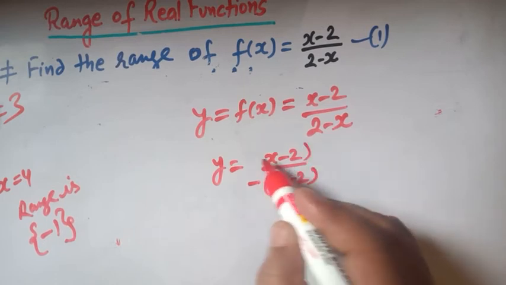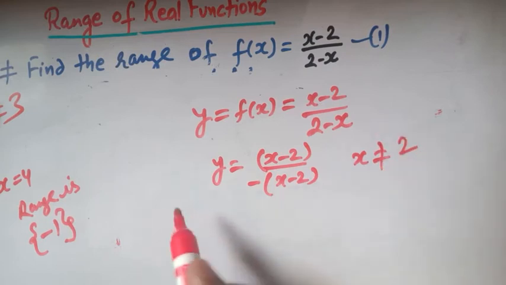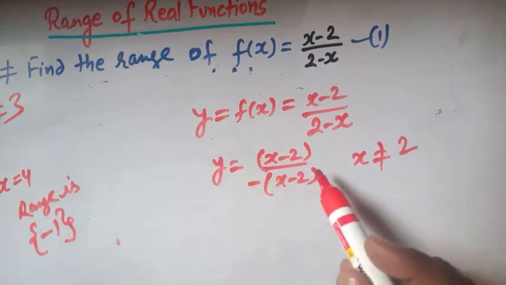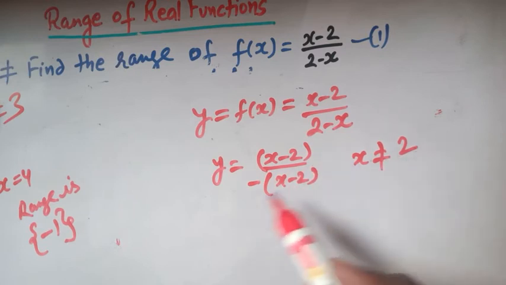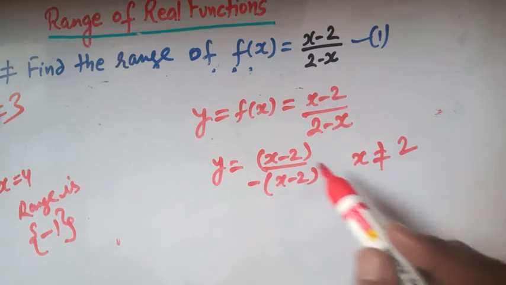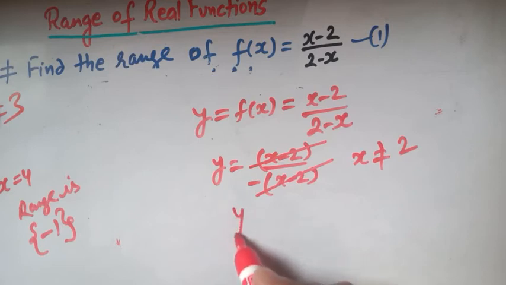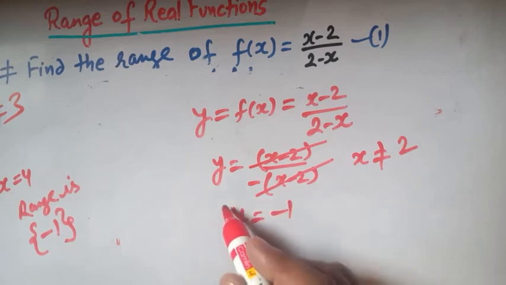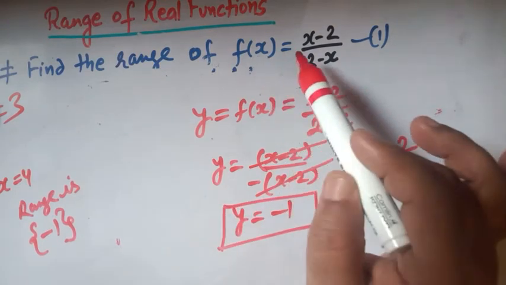Now clearly x is not equal to 2 here, as we have already discussed while finding out the domain. So x is not equal to 2, and for the rest of the values, apart from x is equal to 2, this factor and this factor get cancelled, and we are left with only y is equal to minus 1. So this is the range of this function fx.